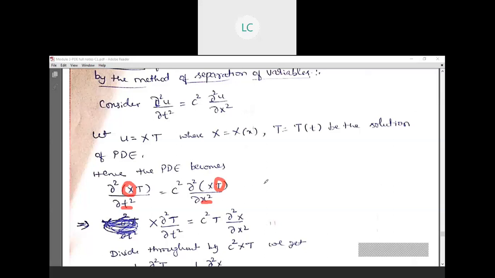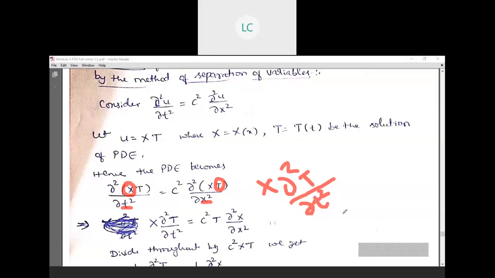Then this equation becomes, on the LHS, we can take X outside: X into ∂²T/∂t². Now observe here, T is a function of a single independent variable, that is small t.